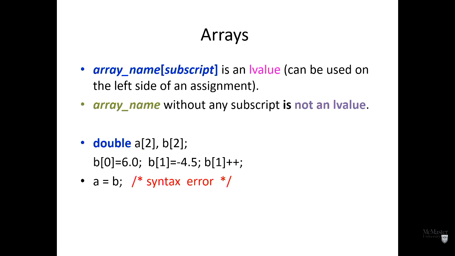So this is a contiguous place in memory, and the name of the array is a pointer to the first place. So when you say A[0], what the compiler actually does is add nothing to this pointer address and go to element 0. If you want to access A[1], the compiler knows that A is an integer array. That means each index is 4 bytes.